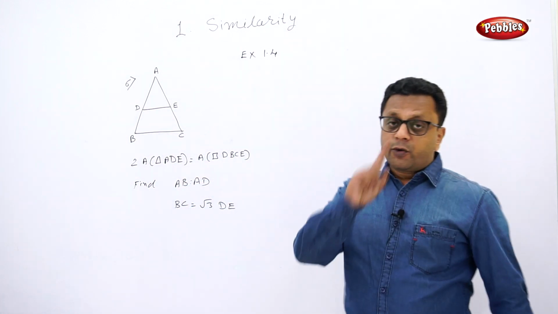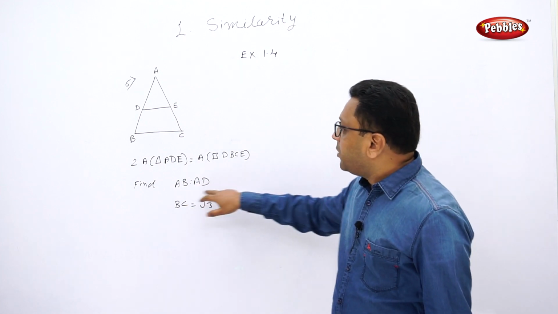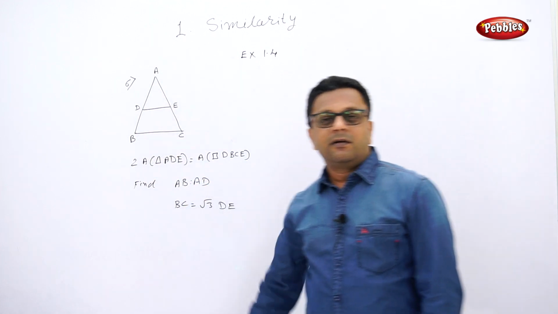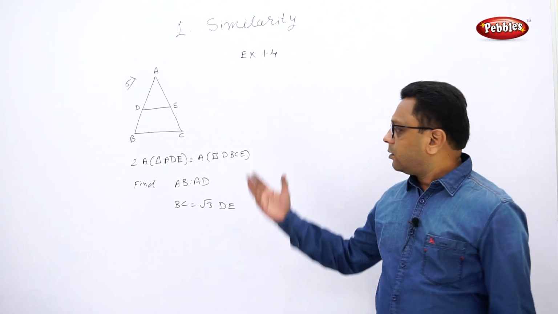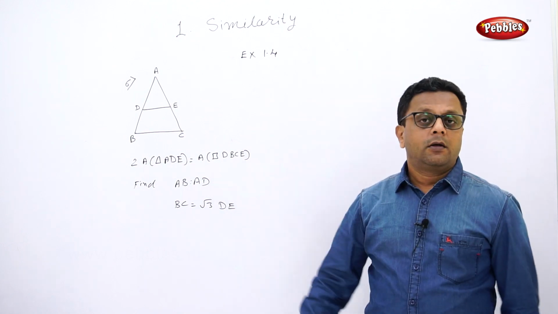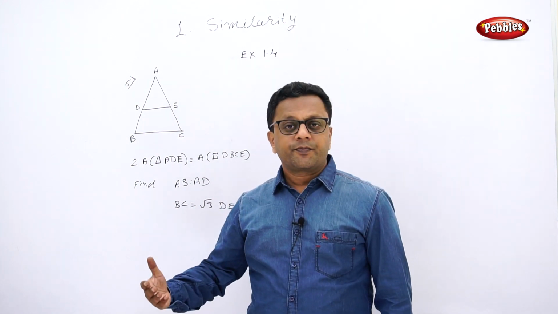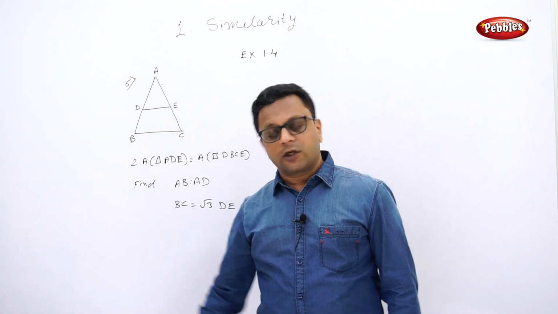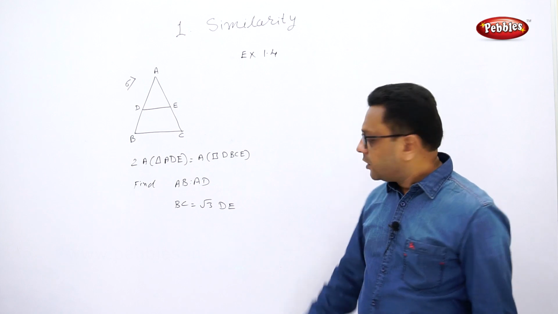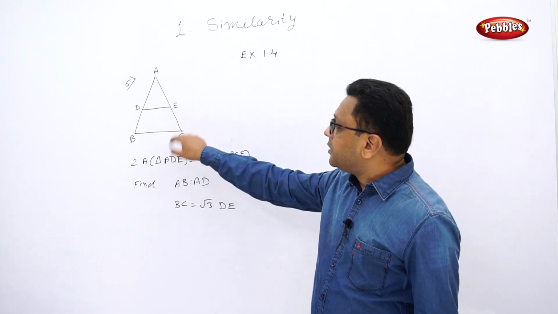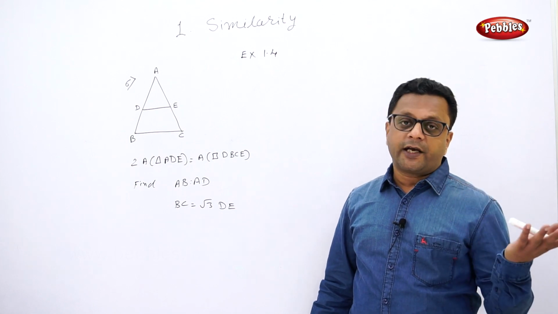After that, if you can find a ratio of area of triangle, then AB upon AD is not difficult at all, because we know the theorem on areas of triangle, that the ratio of areas is equal to the ratio of squares of the corresponding sides. So AB and AD are the corresponding sides, correct? And similarly BC and DE are also corresponding sides of these two similar triangles.